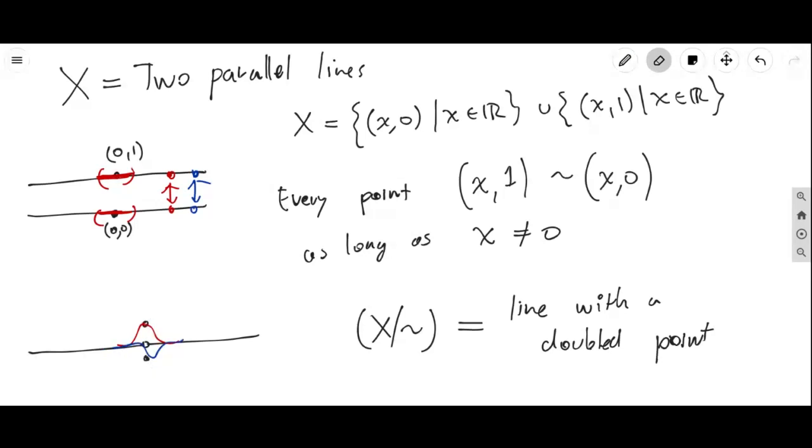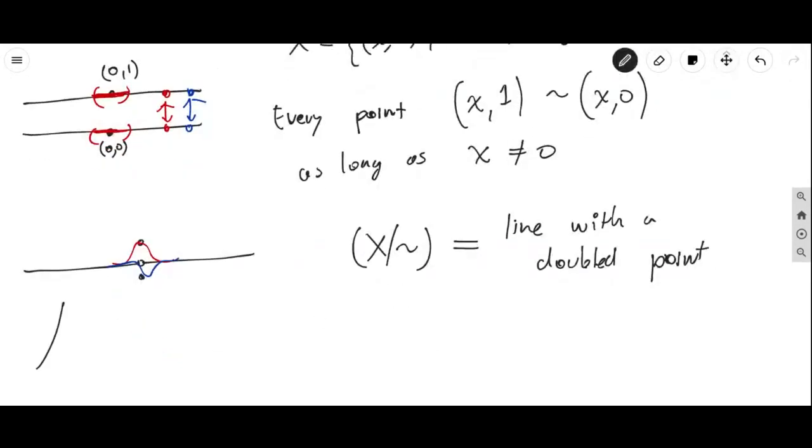So that's the idea of why this space is not Hausdorff, since the doubled points cannot be separated by open sets.